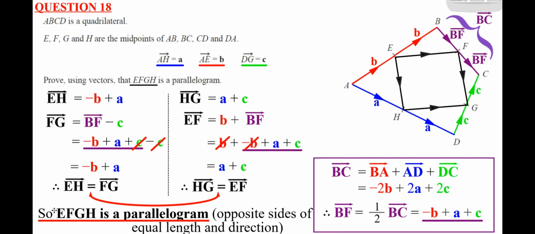So therefore, EFGH is a parallelogram, and I'd suggest putting something along these lines after as well, just to make it absolutely clear to the examiner that you know what a parallelogram is. It's a parallelogram because we've proven that these opposite sides are equal length and direction. That's question 18 done, and I think that might be a contender for the hardest one on the entire paper.